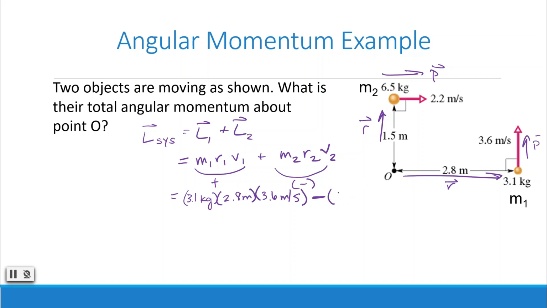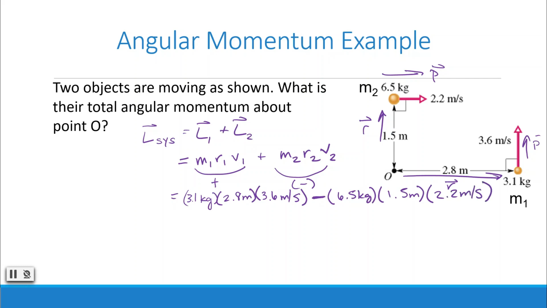So m2 is 6.5 kilograms, r2 is going to be 1.5 meters, and v2 is 2.2 meters per second.